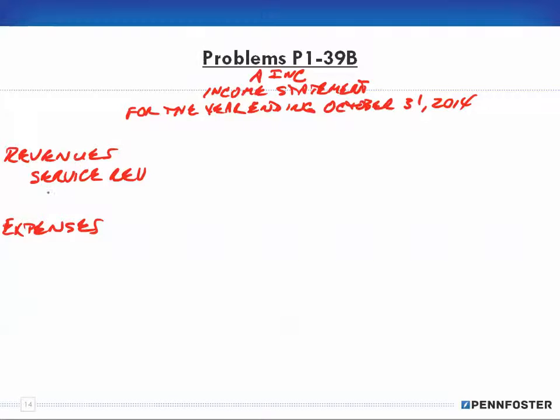Now, if I had more than one, let's say I'm just going to call it sales revenue. I'm just adding this in. Obviously, we don't have one of those accounts. Then I would indent again and label it total revenue. And if I do it that way, because I'm having a mathematical calculation over here on the right, I think in terms of columns.